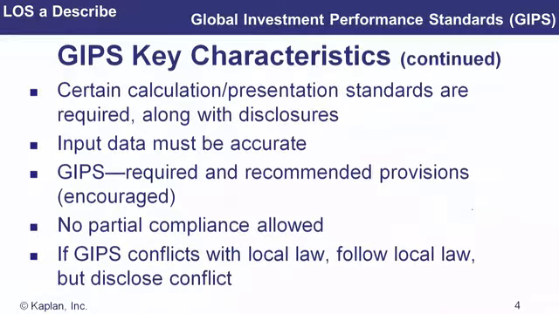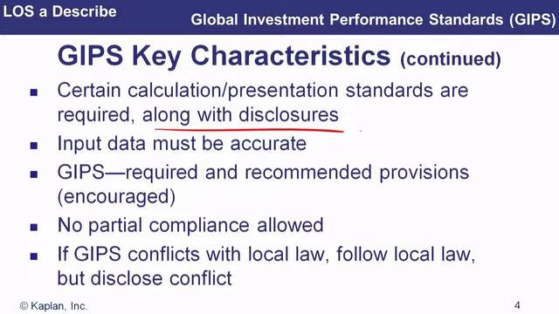So certain calculation and presentation standards are required. How are we going to calculate returns? What's going to be included, numerator, denominator, those types of things, along with the appropriate disclosures. All that's going to be identified within the characteristics of GIPS.